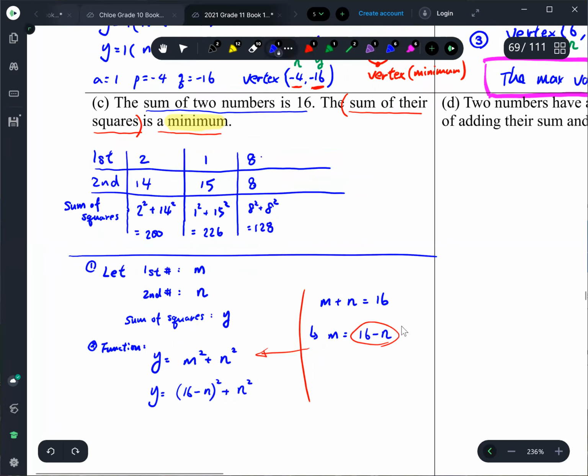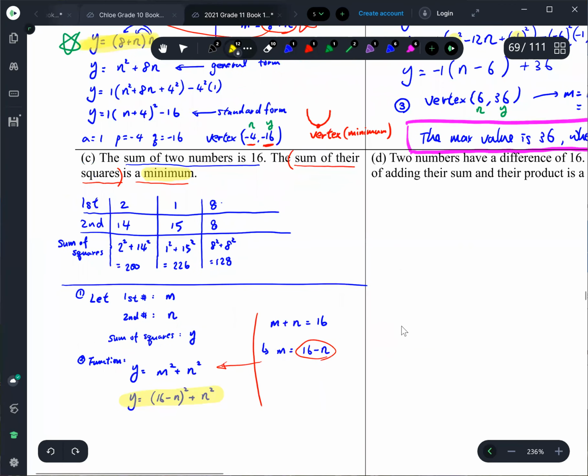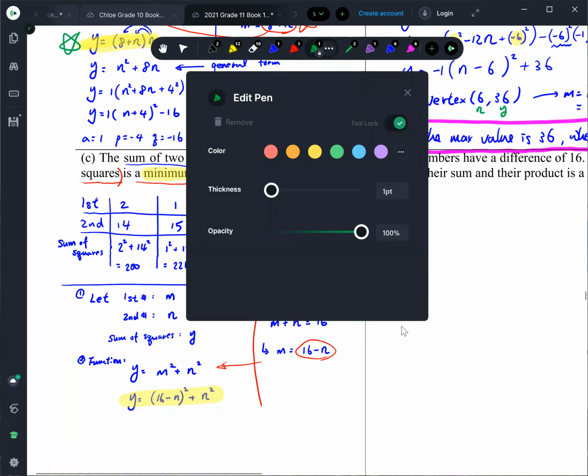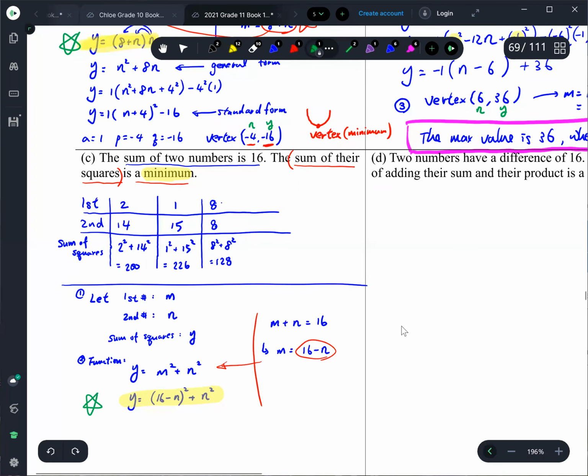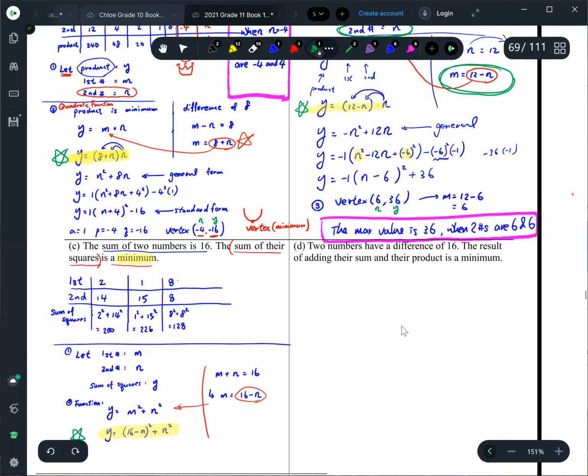So that is our function to start. Okay, try to compare with the previous question. So we are now at the green star. The step is at the green star now. Okay, so instead of product, we have sum of the square.